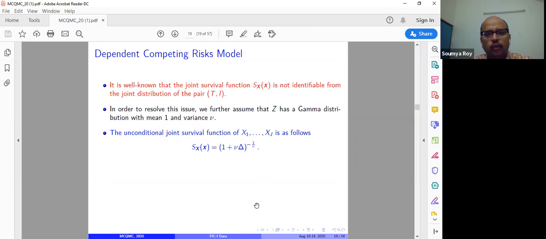Therefore we need one more set of restrictions. We further assume that the random probability has a gamma distribution with mean 1 and variance nu. As a result, the unconditional joint survival function of X1, X2, XJ will have this form.